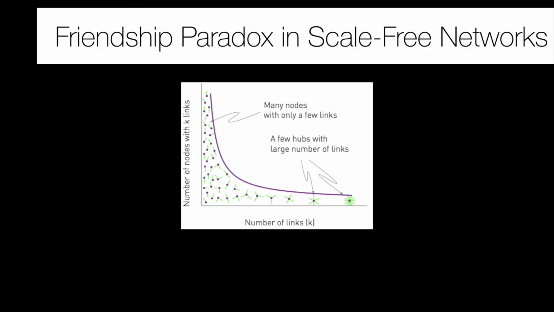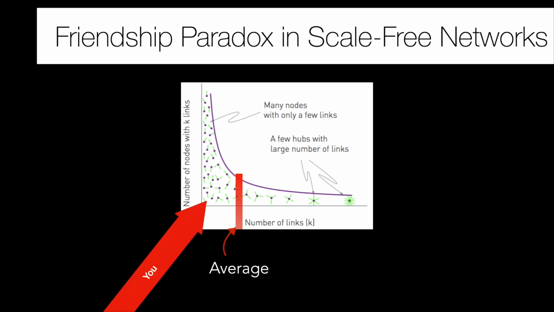This is partially because of the structure of these scale-free networks, where the average is going to be skewed far away from where most of the nodes are because of these few hubs. So if we take some random node, u, from the network, the likelihood of high degree is going to be low. You're much more likely to select some random node with very low degree.